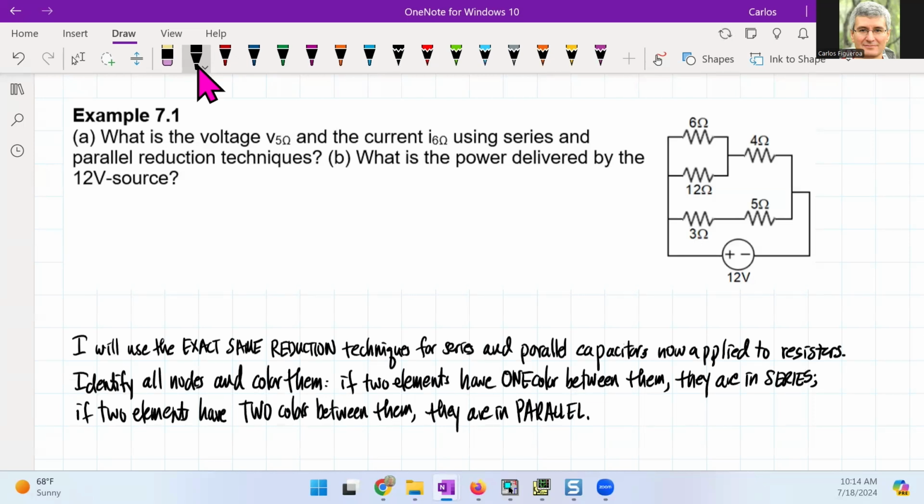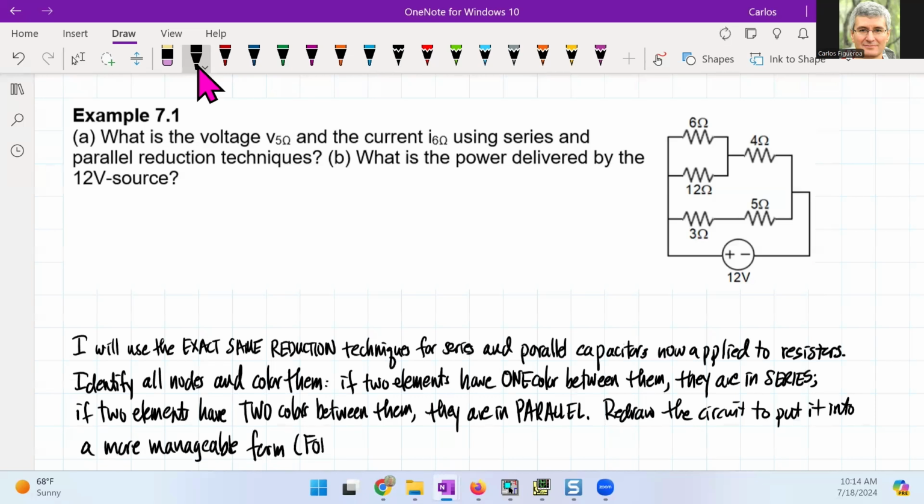So then redraw the circuit to put it into a more manageable form for you that keeps track of what you want to calculate.